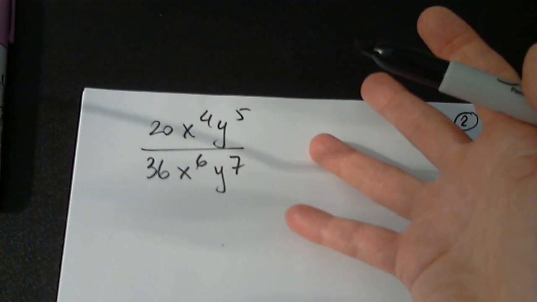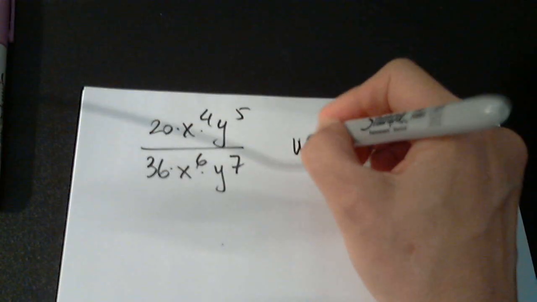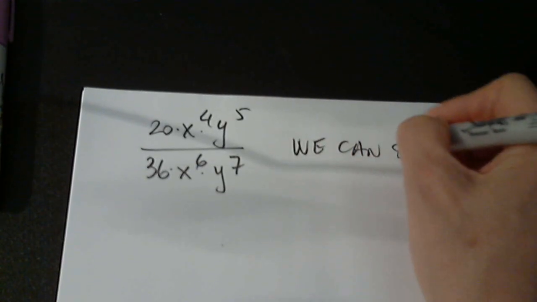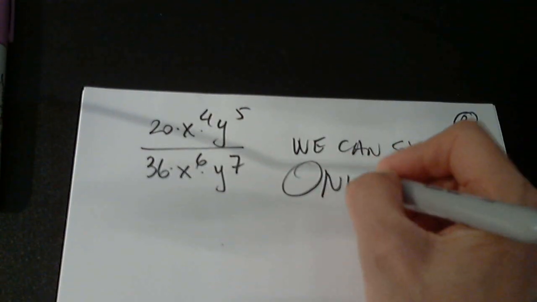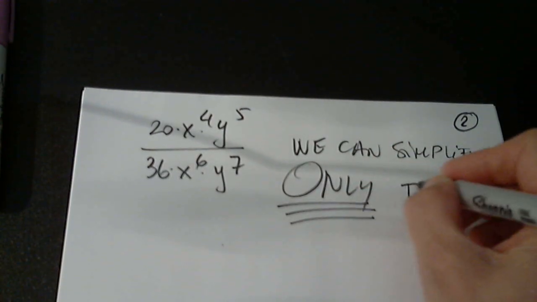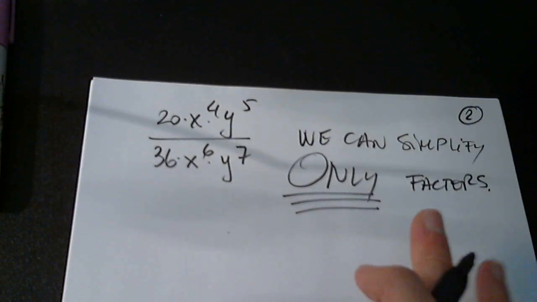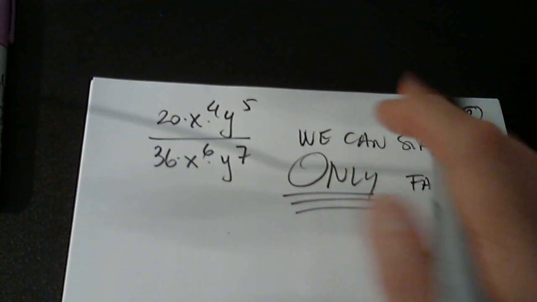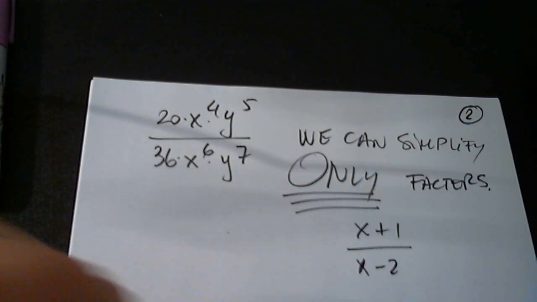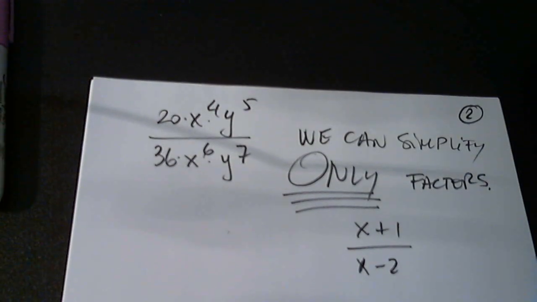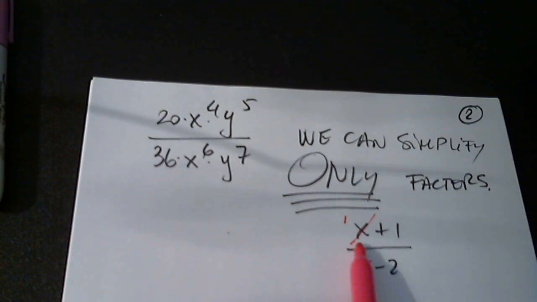These are all factors. They're all multiplied. We can simplify only factors. So let me explain what I'm saying here. x plus 1 over x minus 2. I am not allowed to do this because x is not a factor.